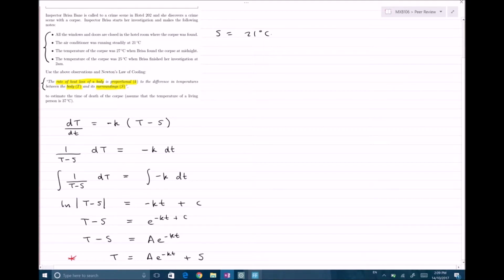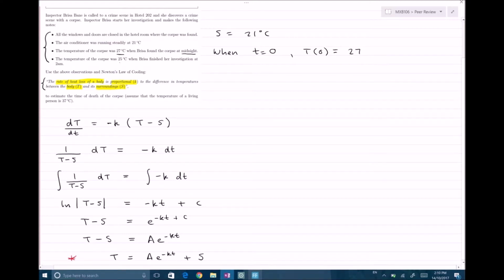We can also see that the temperature of the corpse was 27 degrees Celsius when it was found at midnight. So let's assume that midnight is going to be our t equals 0, so our temperature is going to be 27.